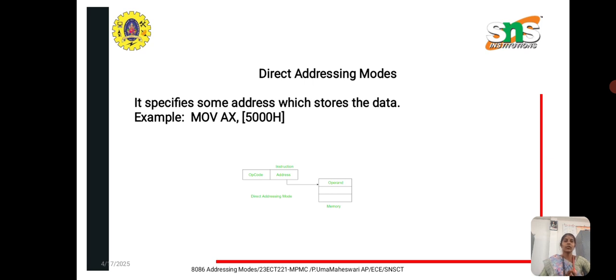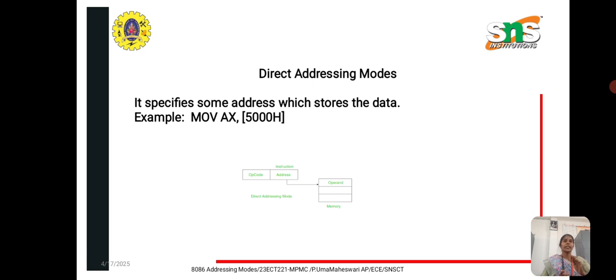This is also known as absolute addressing mode. The address of the operand is embedded in the address field of the instruction.